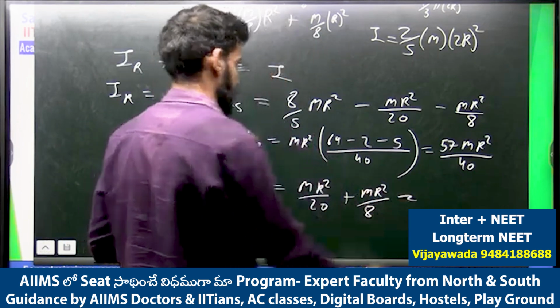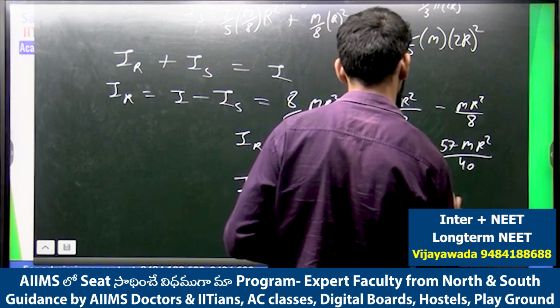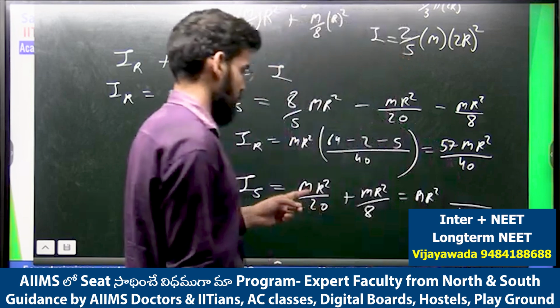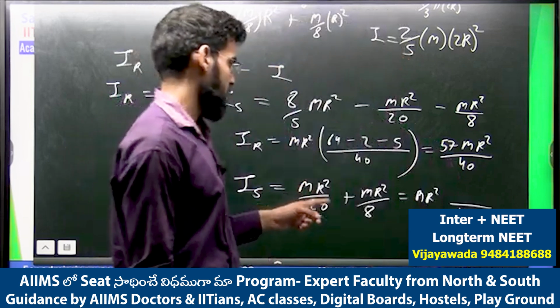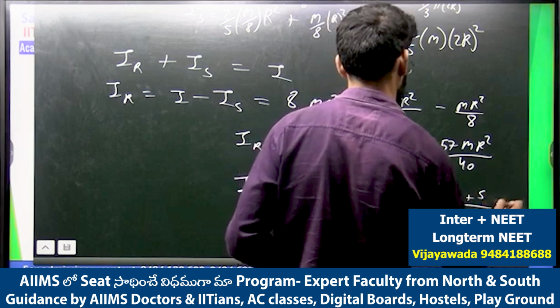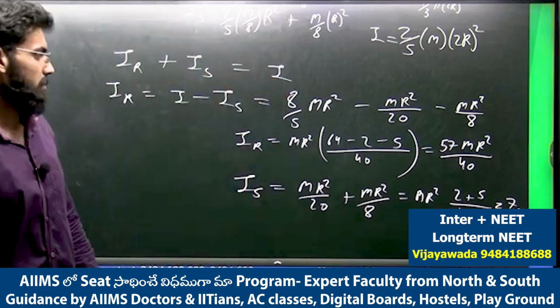I can take the LCM, 40, with mr square common, and you can say here this is 2 plus 5. So this is 7 by 40, 7 by 40 mr square.